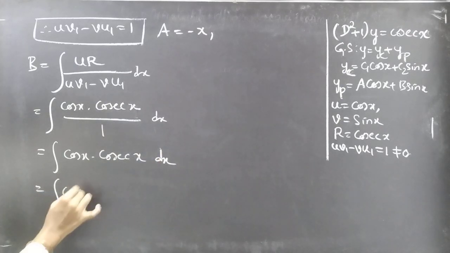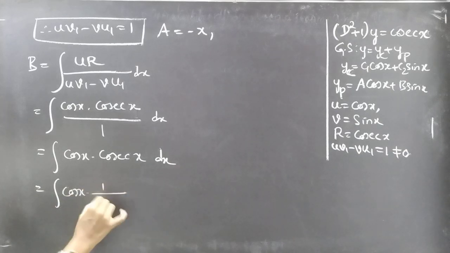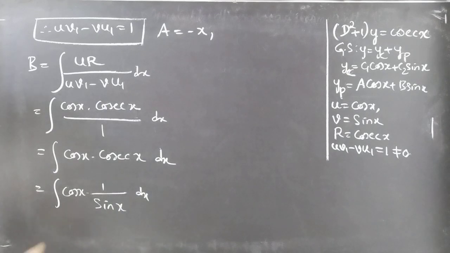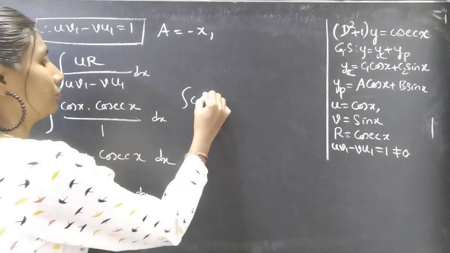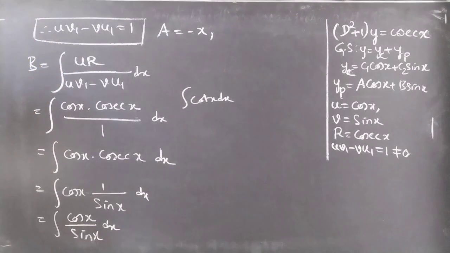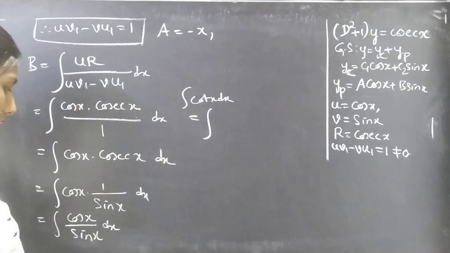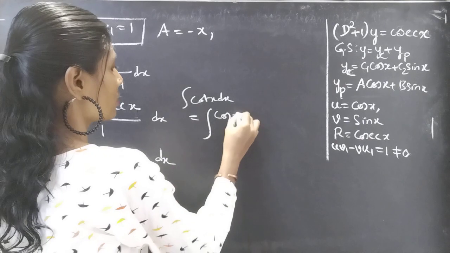Since cosecant x is the reciprocal of sin x, let's replace cosecant x with 1 by sin x, right? This equals integral cos x by sin x into dx. If you know the formula of integral cot x, you can just replace cos x by sin x with cot x, okay? Or we know that cot x can be written as cos x by sin x, right?